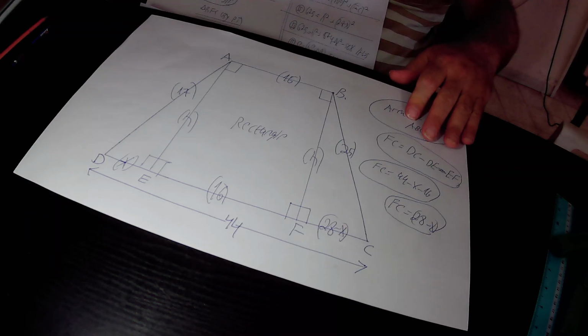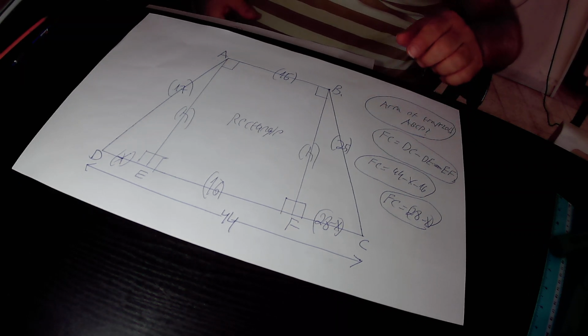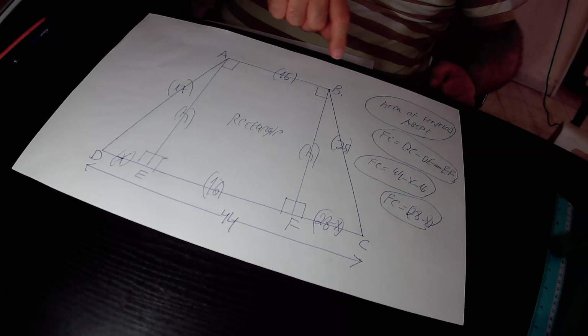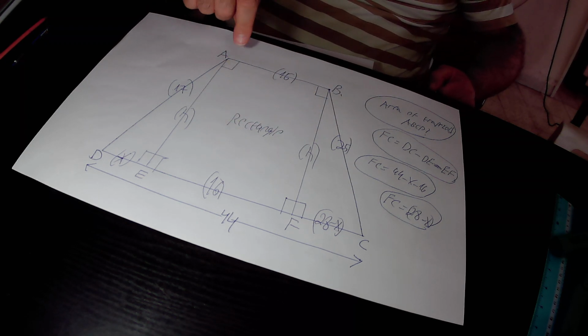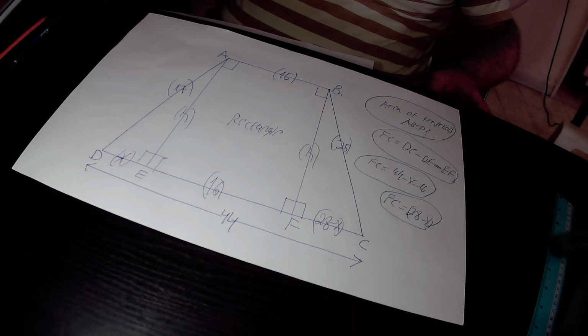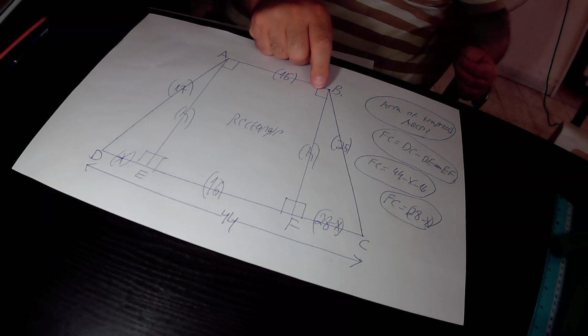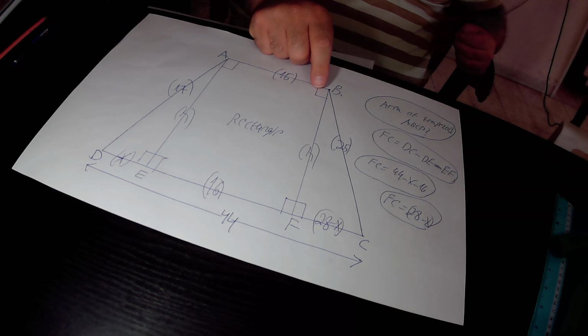In quadrilateral ABFE, we have 1, 2, 3 right angles. The sum of 3 right angles is 270 degrees, so 270 degrees plus the size of this fourth missing angle must be equal to 360 degrees, according to the rule that states that the sum of the angles in any quadrilateral is equal to 360 degrees.